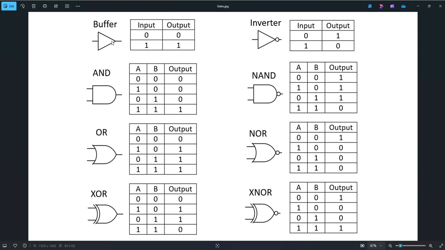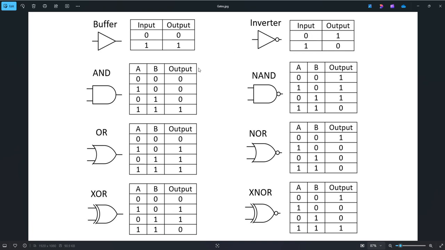If we give a 0 here, it will come out as 0. If we give a 1, it will come out as 1. The inverse of it, we have what you call an inverter or a NOT gate, which means if we give 1, it will come out as a 0. If we give a 0, it will come out as a 1.